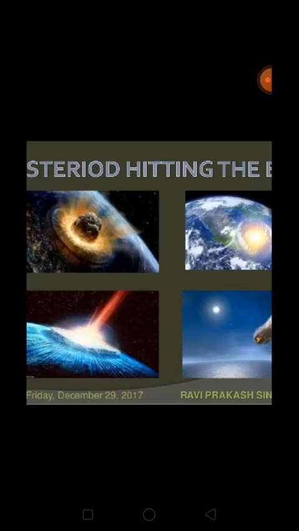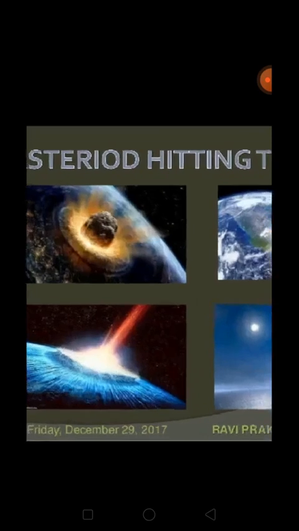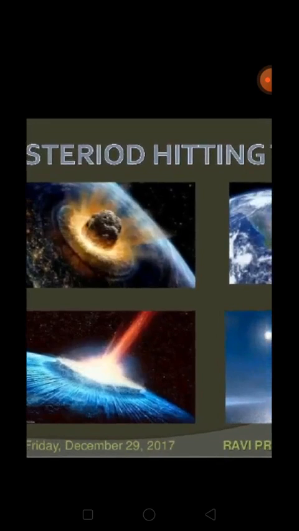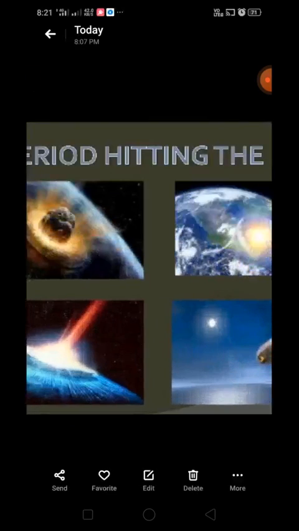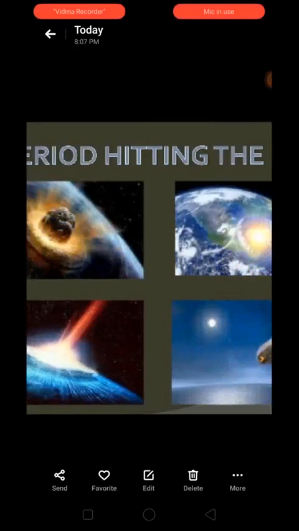The second term is meteoroids. Some of the meteors, when they enter the earth's atmosphere, are big enough that they do not get evaporated completely. The unevaporated part of the meteor that reaches the earth's surface is called a meteoroid. Meteoroids have a great importance for us.